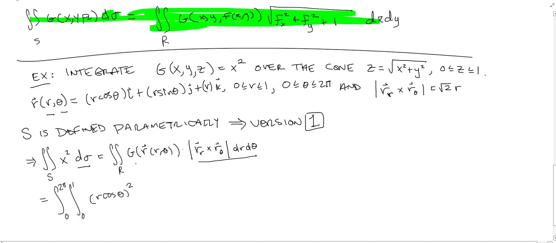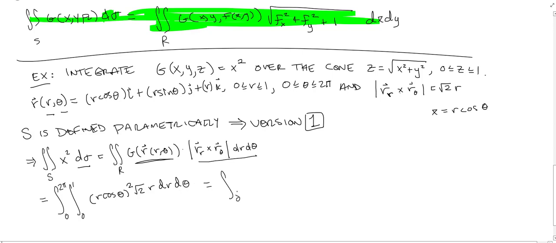We want to rewrite our function in terms of r and theta, and we know from polar coordinates that x is r cosine theta. And then we have the magnitude of our cross product, that's just square root 2 times r, and then dr d theta. Okay, so this is the double integral that we're going to have to evaluate.